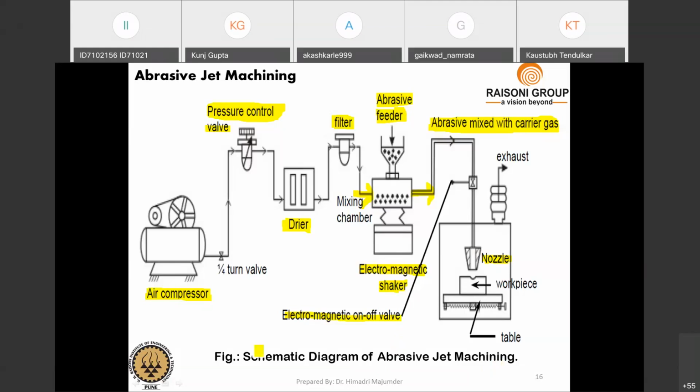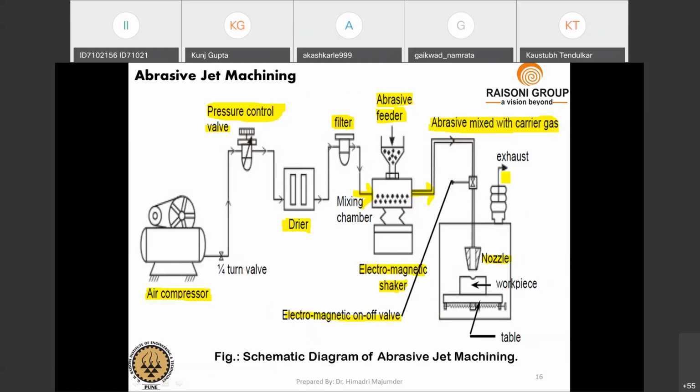In the exam, if it asks you to discuss or explain the working principle of abrasive jet machining, you just need to draw this schematic diagram and explain the different steps. First, the air compressor, then a pressure control valve, then a dryer, filter, and abrasive feeder.